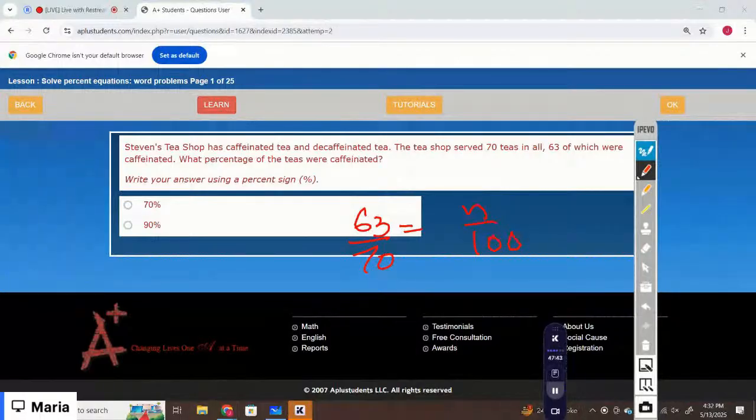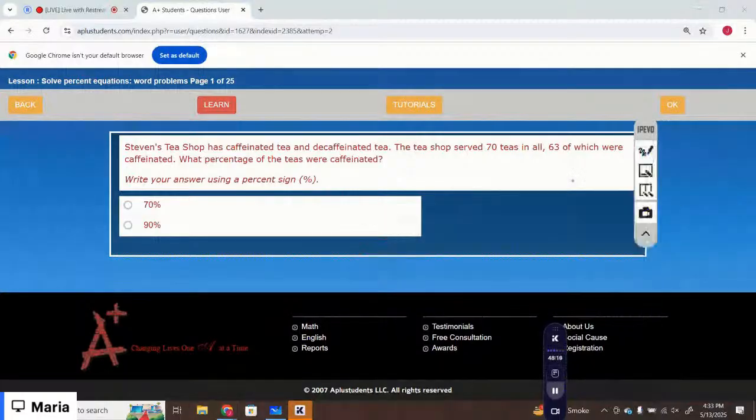So the correct option is 90%. Option number 2 is the correct option.